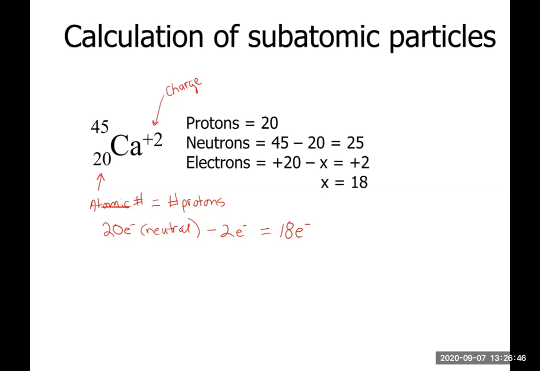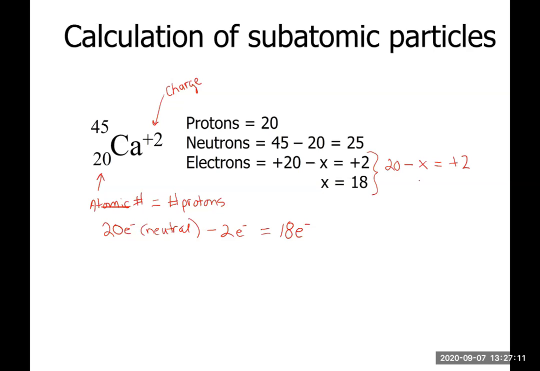We could also calculate this mathematically. Like you see here, we know that we have 20 electrons if neutral, and we have given up some number of electrons that we're going to designate with X, and that resulted in a +2 charge.